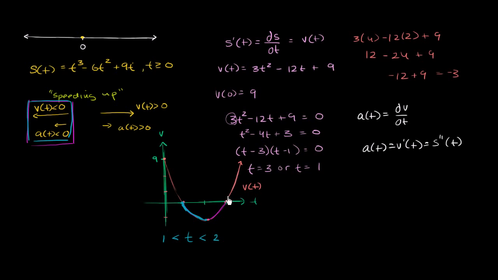So that's this interval right over here, where we're speeding up in the rightward direction. So that interval is t is greater than 3. So when are we speeding up? We're speeding up between the first and second seconds, and then we're speeding up after the third second.